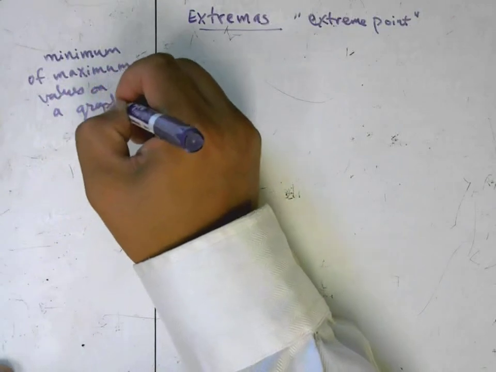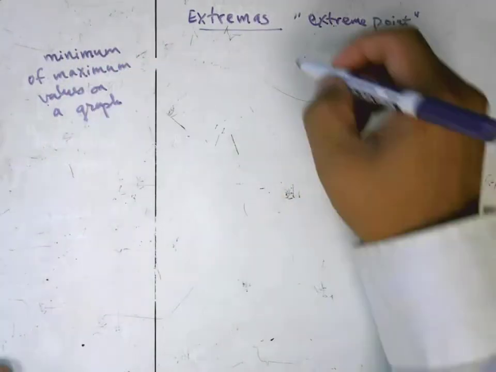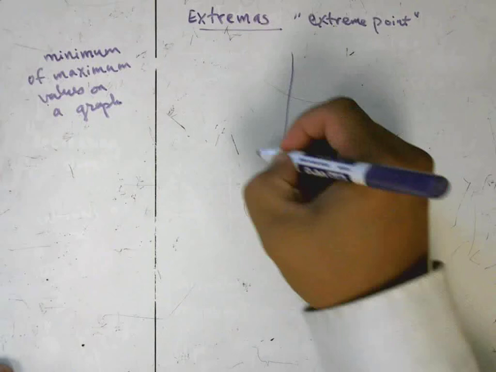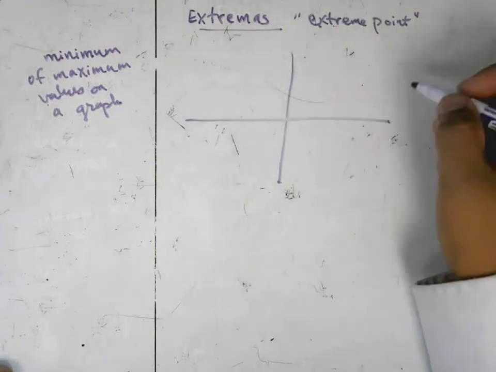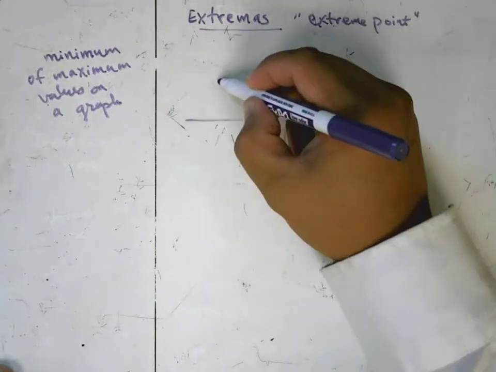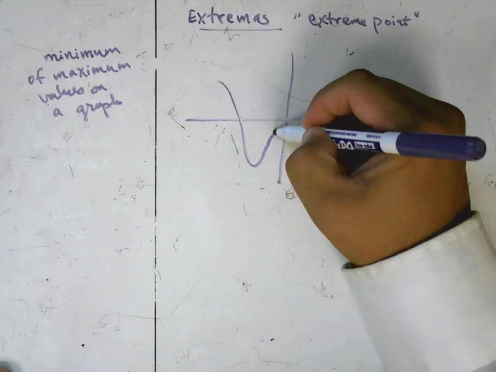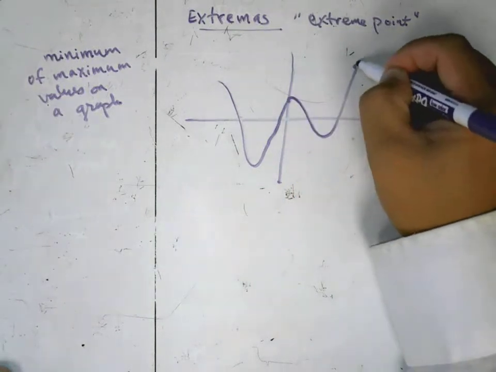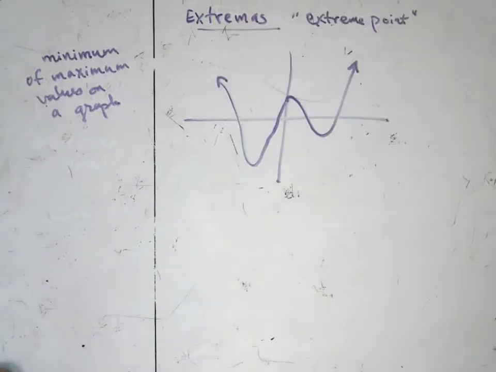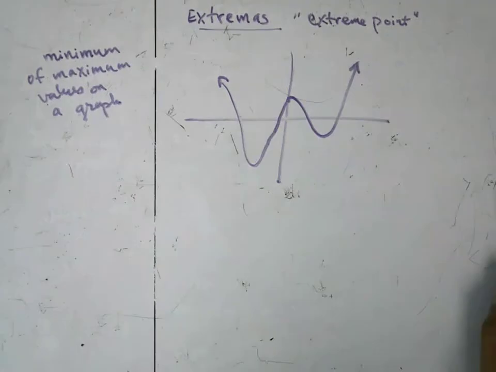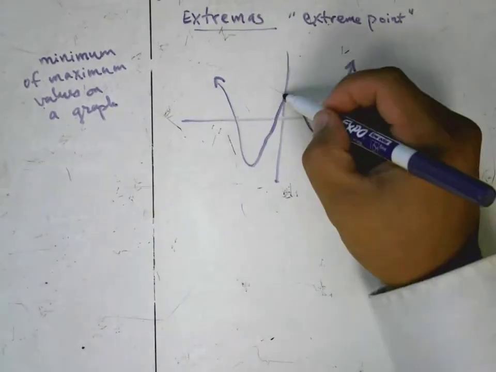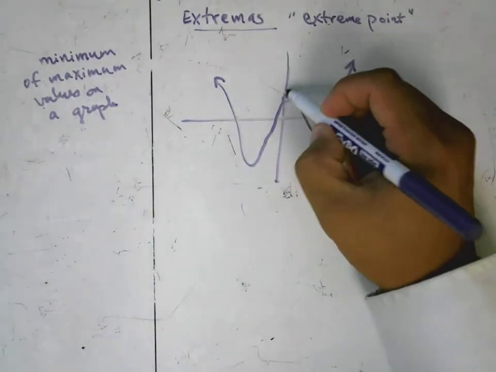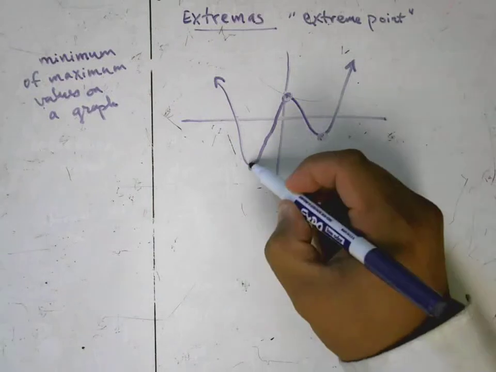So if we look at a graph like this, let's say it had some features like this. Notice here we're looking for these tops of the hills or bottoms of the valleys that we could consider within a certain interval.